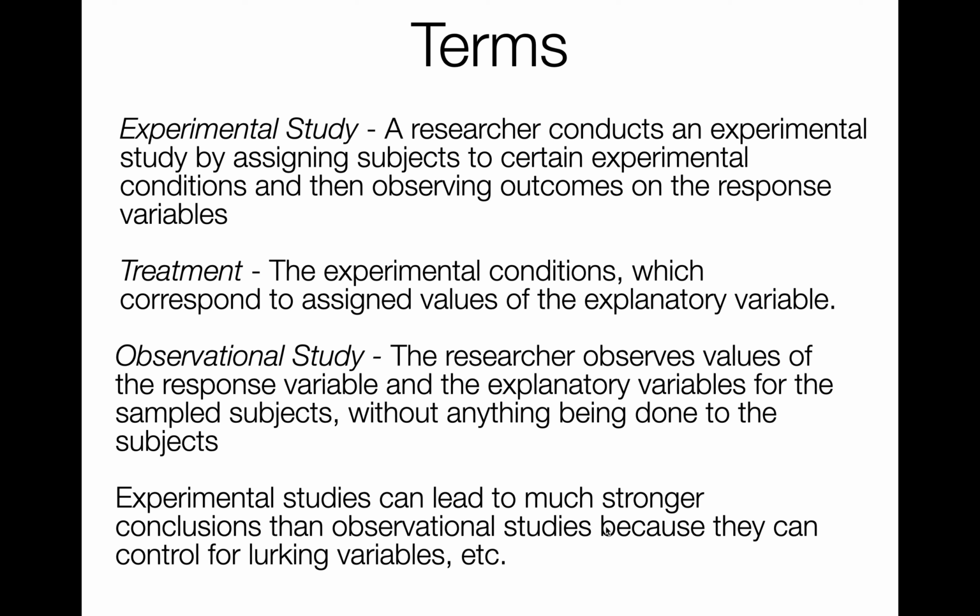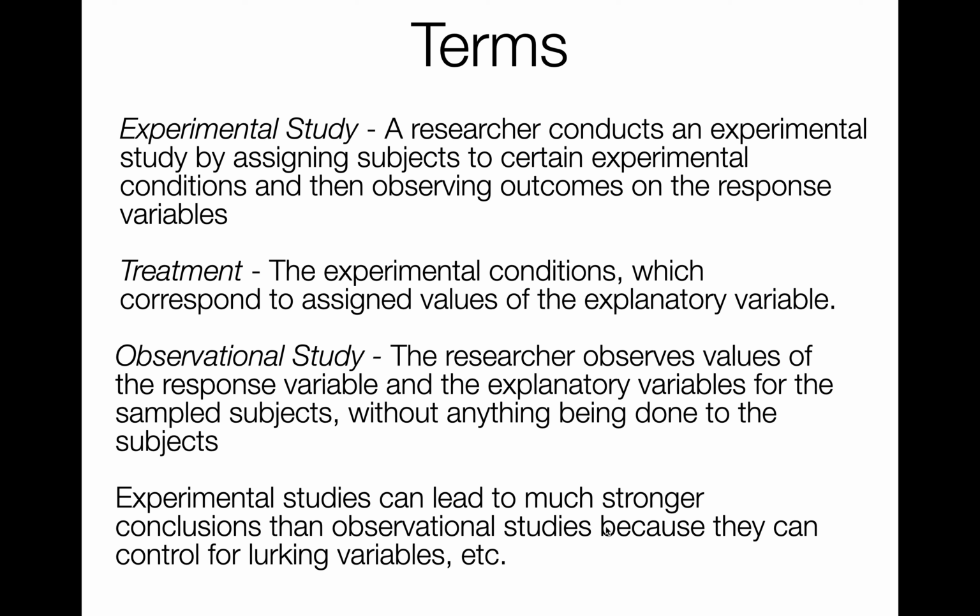So, for instance, if I were interested in looking at a blood pressure medicine, if I was interested in testing whether it was effective or not, okay, I can look at my subjects and I can look at all kinds of characteristics, and I can put people into groups by age, by whether or not they have high blood pressure, by all kinds of stuff, and I can control for extraneous things that might affect the outcome.